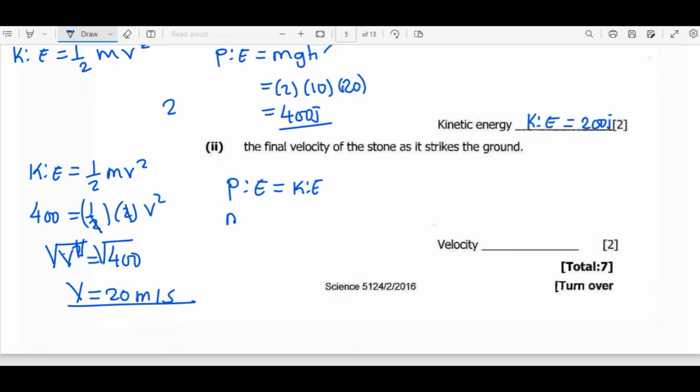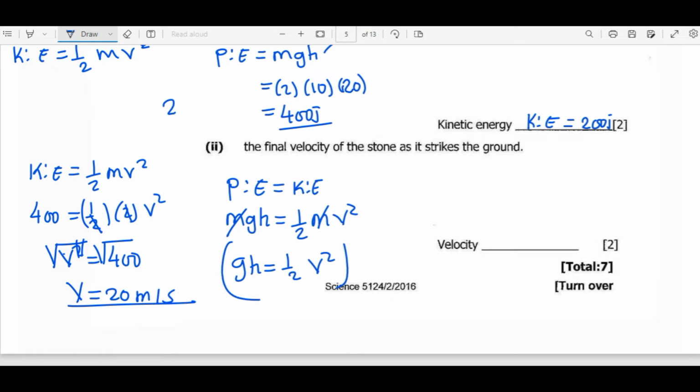PE is mgh, then the formula for KE is half mv squared. I want to equate the two formulae. Now we can cancel the mass, which is same as mass divided by mass. Then we have gh is equal to half v squared.